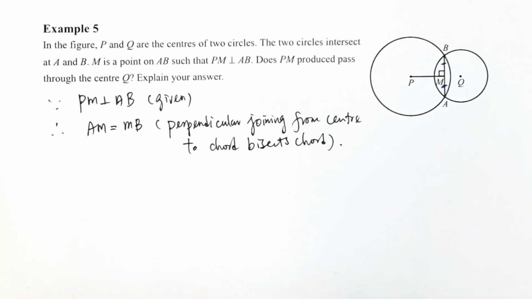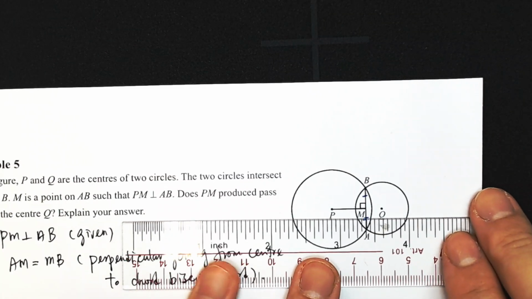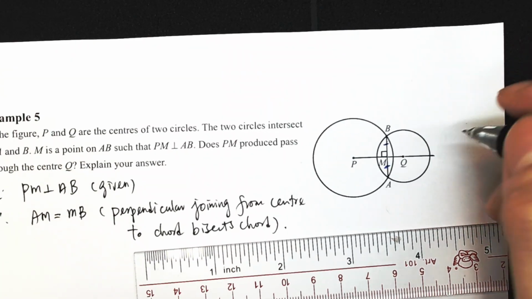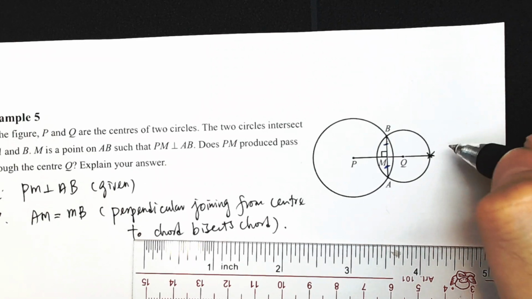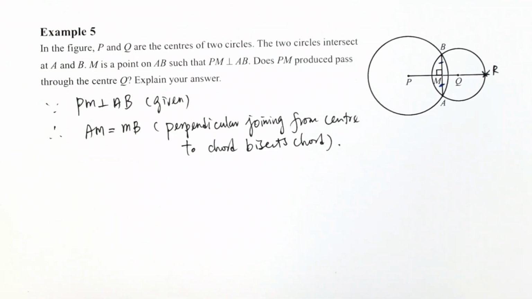And now let's draw some line. We extend PM to meet the circle on the right at another point R. So we write it down.